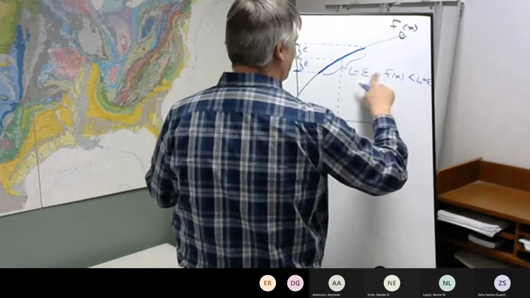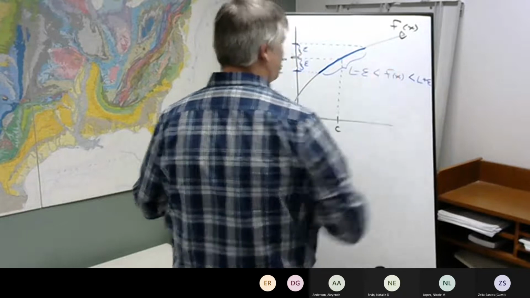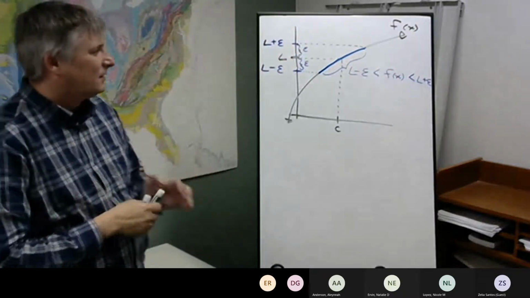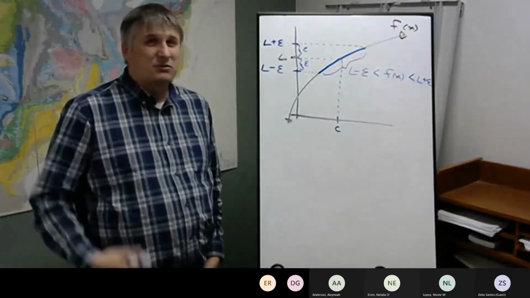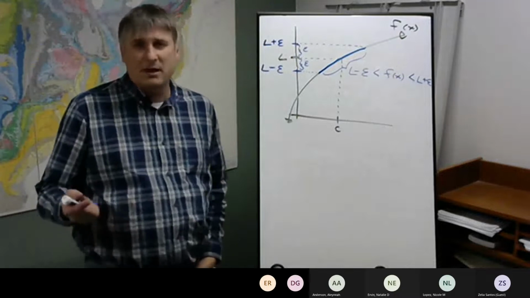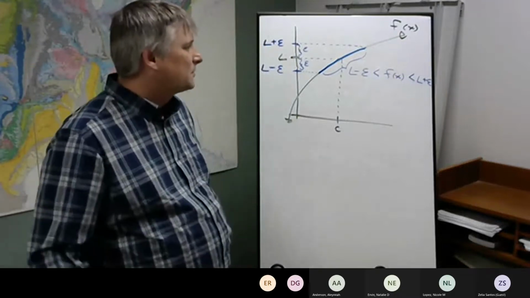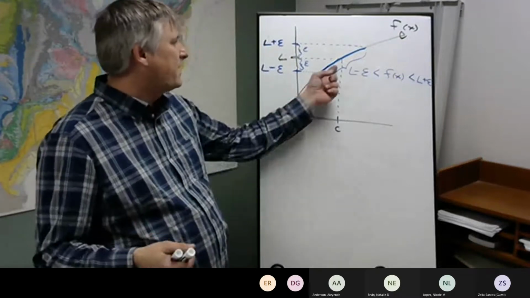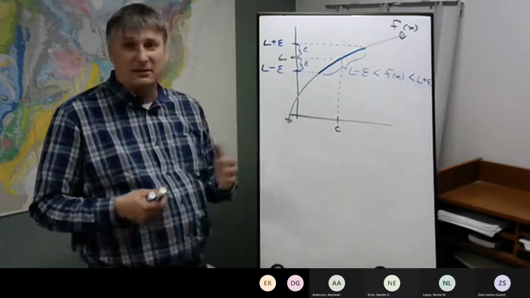So that's the idea of getting f of x close. You come up with some epsilon and you say we're interested in f of x being within epsilon units of L.